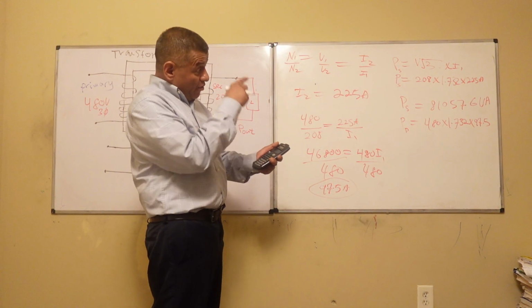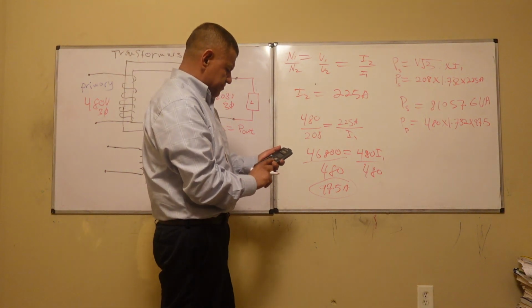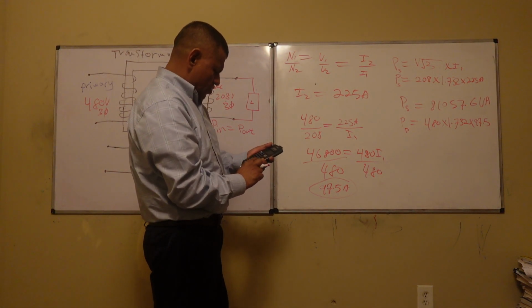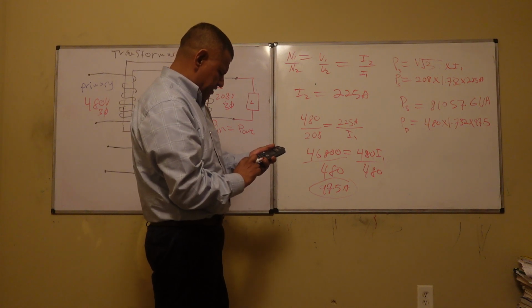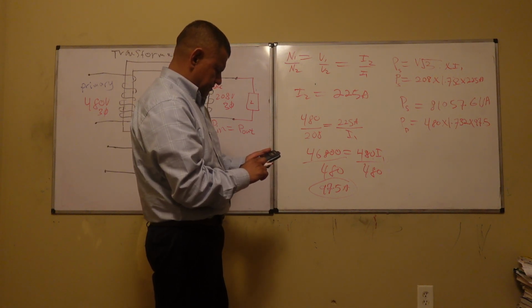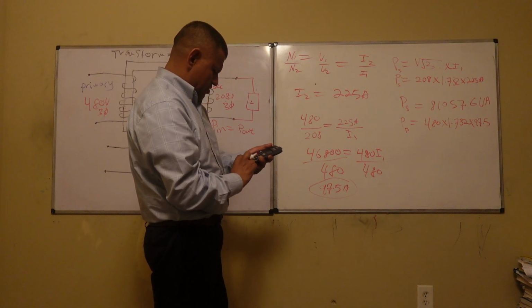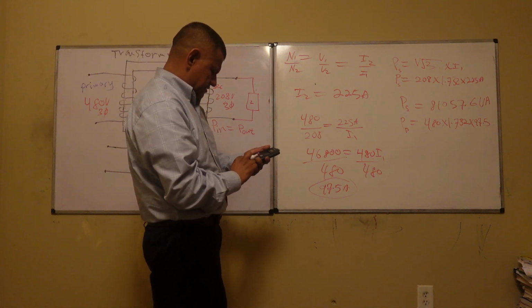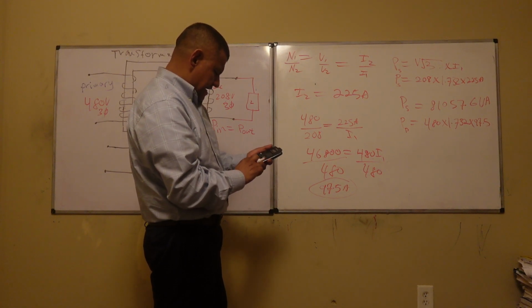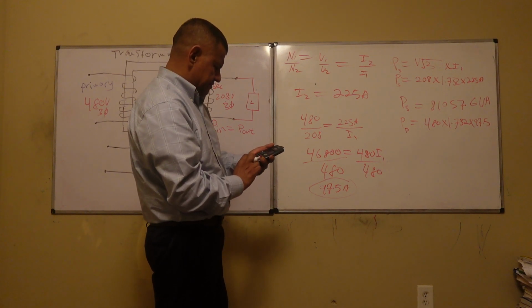So now we do 480 times 1.732 times 97.5.